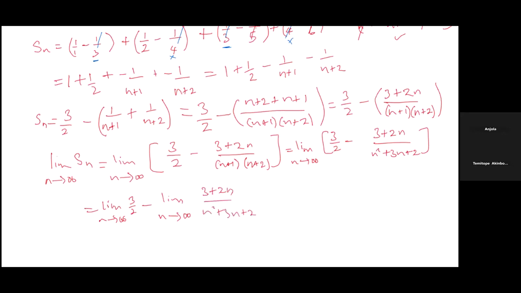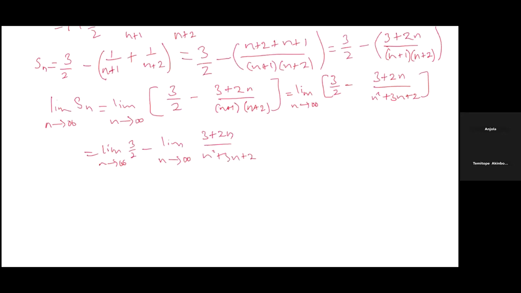Now, how do I evaluate the limit of this type? The rule says divide by the highest power in the denominator. The highest power of the variable in the denominator is n squared. So I will divide both numerator and denominator by n squared.